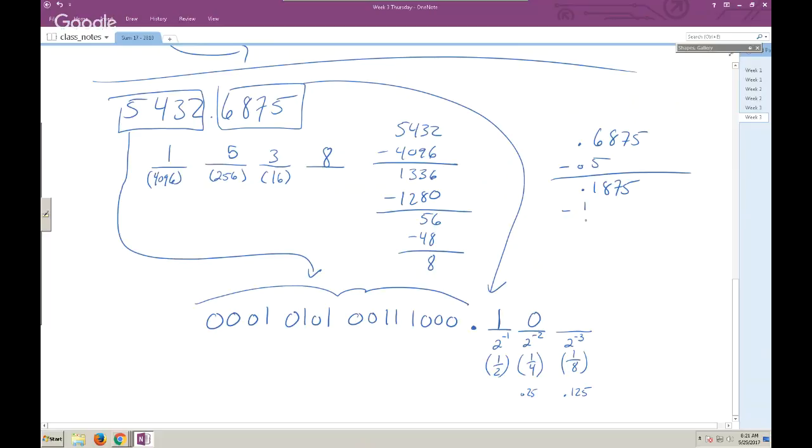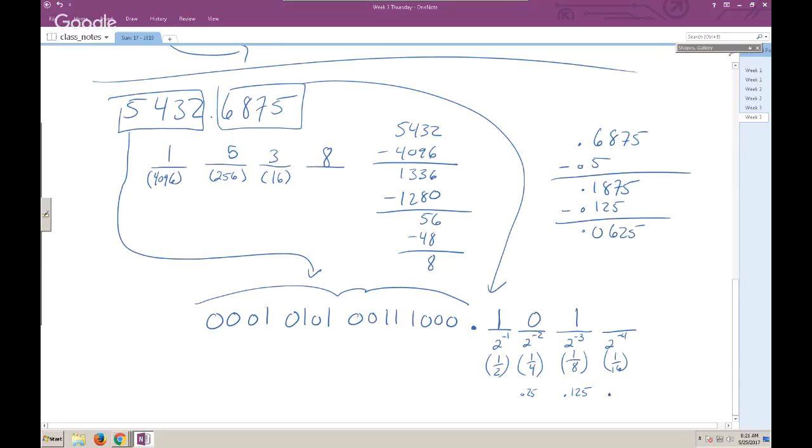Yeah. So let's subtract. Oops. 0.125. Leaving us a balance of 0.0625. Awesome. Okay, we put a 1 there because we represented it. Okay, 2 to the -4, or 1/16.